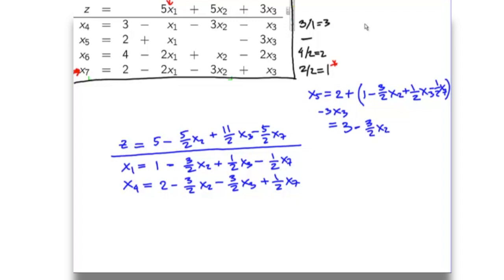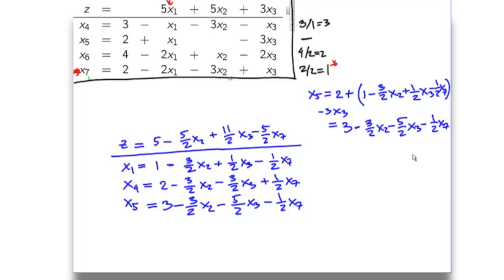Then what's the coefficient for x3? It's 1/2 from here and minus 6/2 from here. So minus 5/2 x3, and then minus 1/2 x7. All right, so you write x5 is given by 3 minus 3/2 x2 minus 5/2 x3 and minus 1/2 x7.